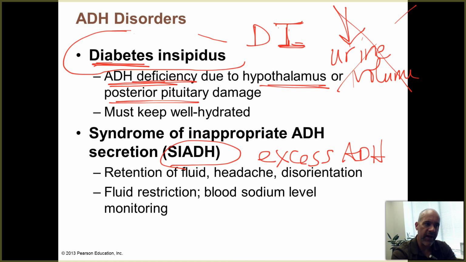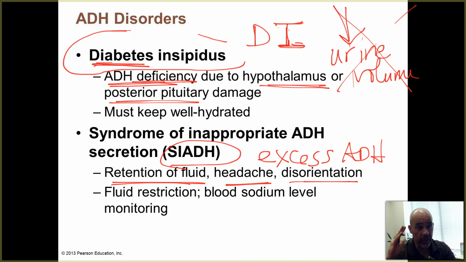So these patients are going to have the opposite problems. You're going to retain too much fluid. They may have headaches. They may be disoriented. Think about, all right, so we said it, if you're retaining water in one body fluid compartment, that water is going to move into every other compartment, intracellular or extracellular. And again, if you guys don't remember what you learned about in AMP1 with regard to body fluids and compartments, you need to go back and look through that information.